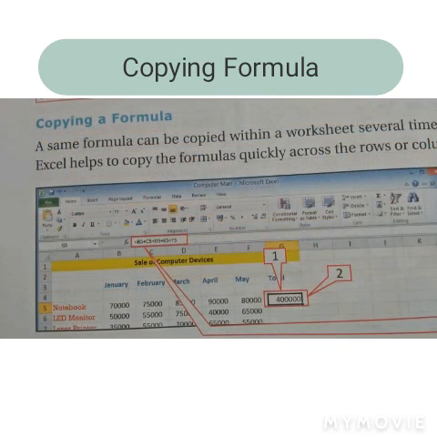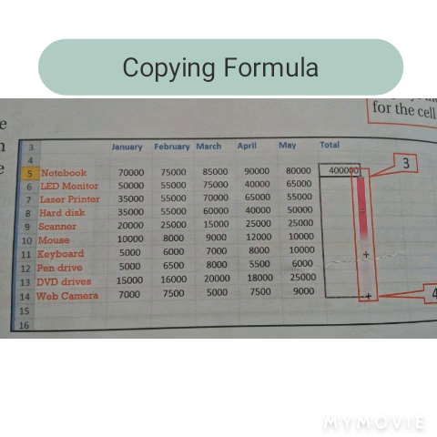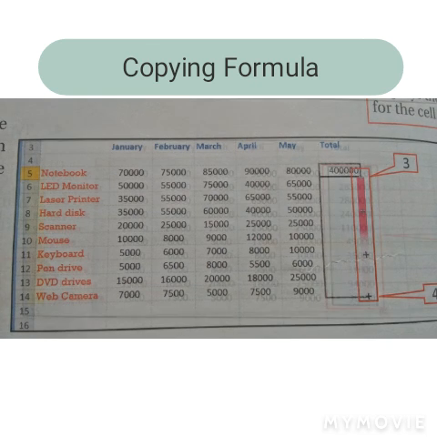Now I'm going to explain how we can copy a formula into different cells. If we want to copy the same formula within a worksheet several times, we can use the autofill feature of Excel. It helps us copy the formula quickly across rows or columns in a worksheet. First, enter the formula you want to copy.